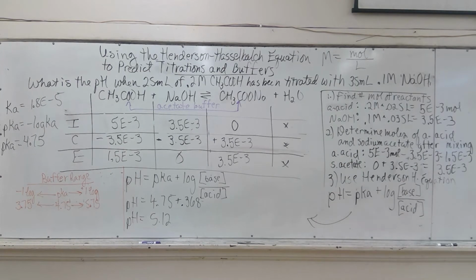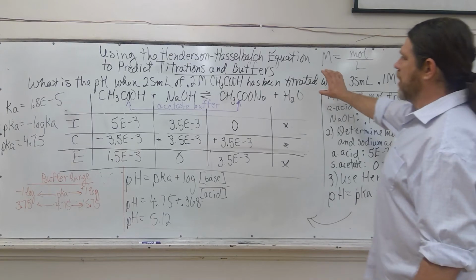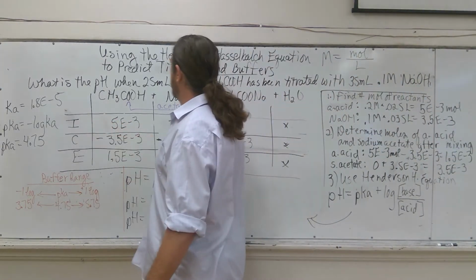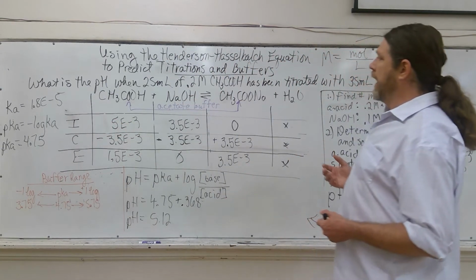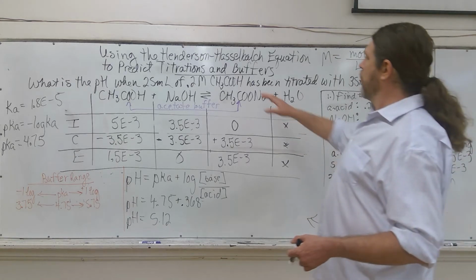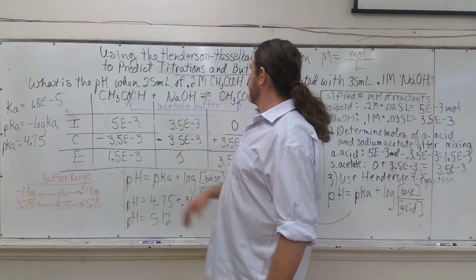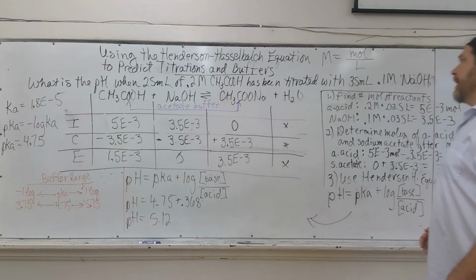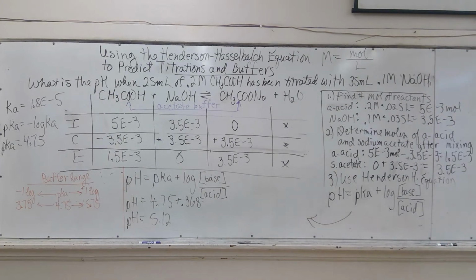So first, here's our starting conditions, our initial under our ICE chart. We have 25 milliliters of a 0.2 molar acetic acid solution. And we will titrate it with 35 milliliters of 0.1 molar sodium hydroxide solution.